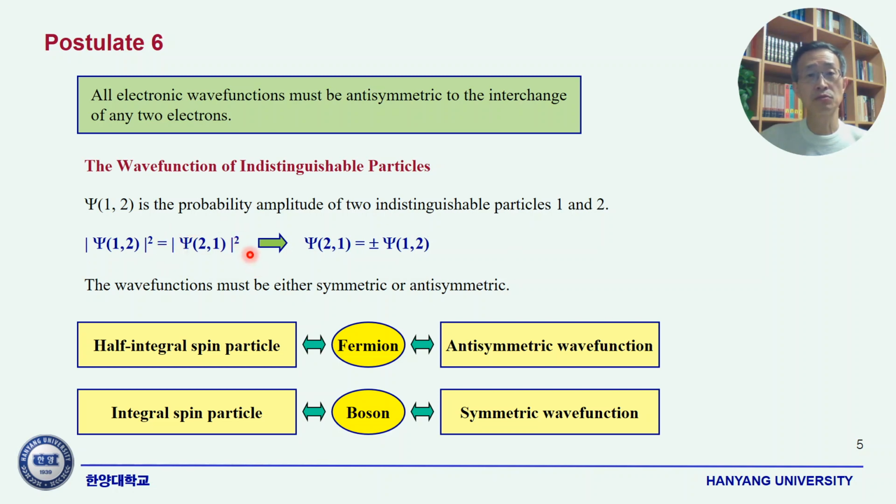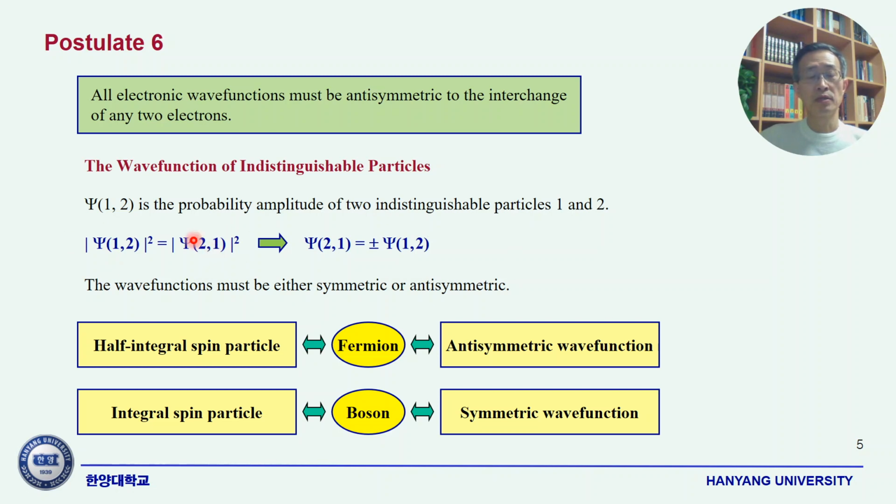There are two ways to satisfy this relationship. The first one is psi 21, the interchange of 1 and 2, equals the original with a plus sign, or with a negative sign. So either way, psi 21 is equal to plus or minus psi 12. This condition comes from this.